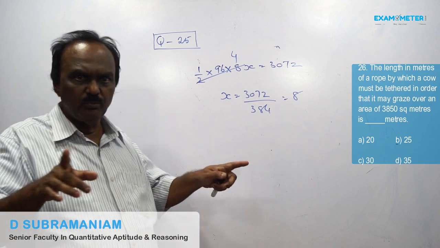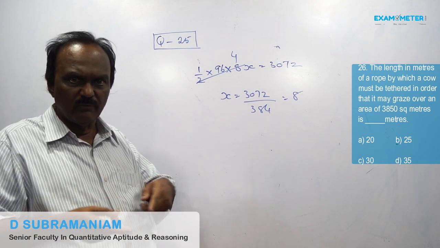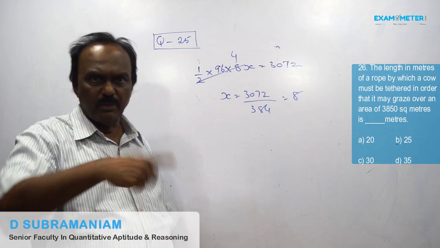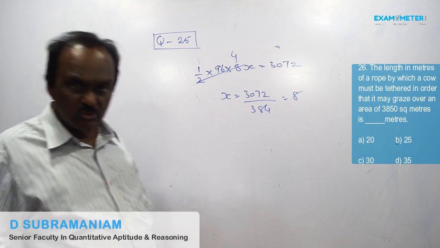What is the meaning of tether? They will take a rope, make it in the form of a circular form, put head of the cow and they will pull. So circle, pi r square. So pi r square is equal to 3850.